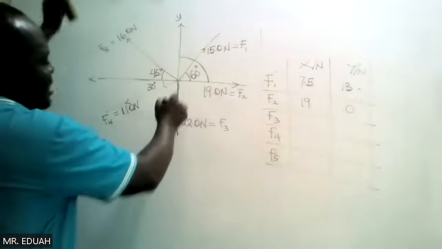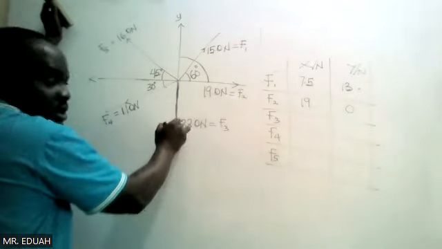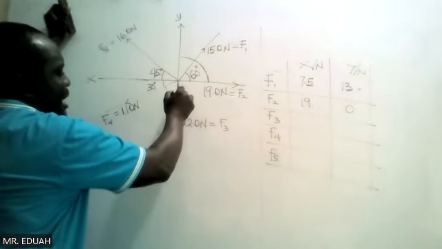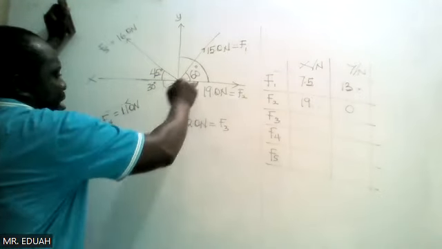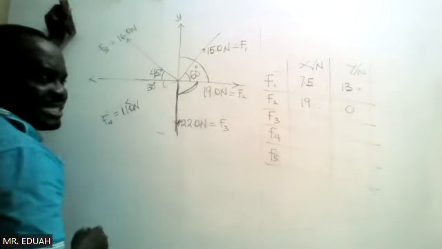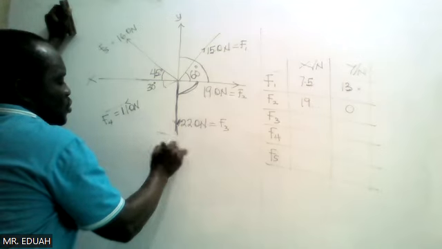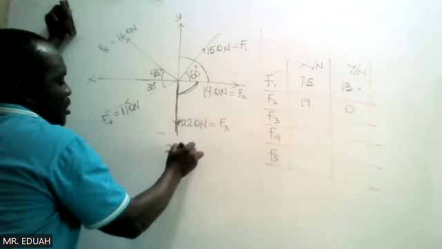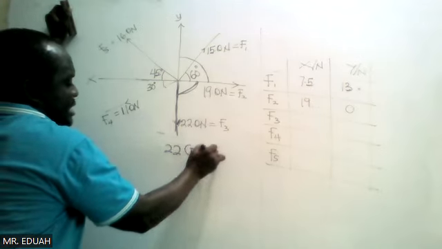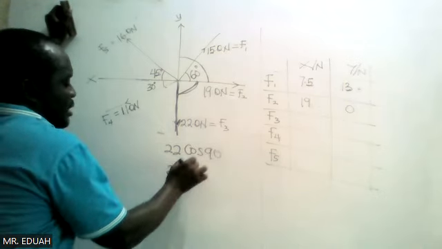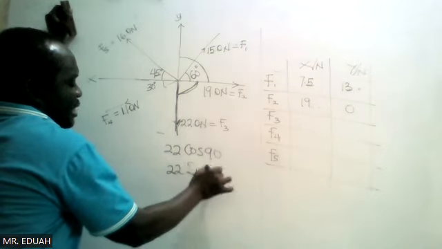Another way to look at this: what is the angle this force makes with the x-axis? The angle it makes with the x-axis is 90. So 22 cos of 90, then 22 sine of 90.